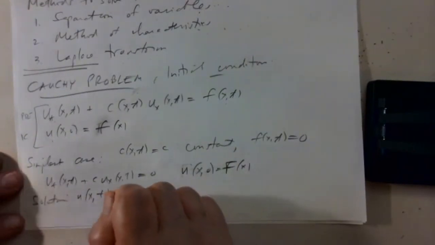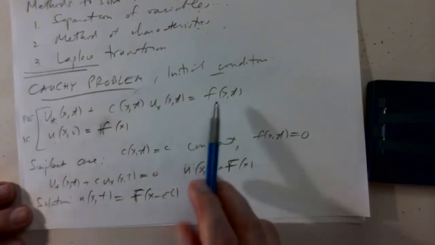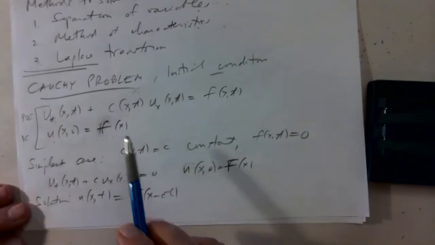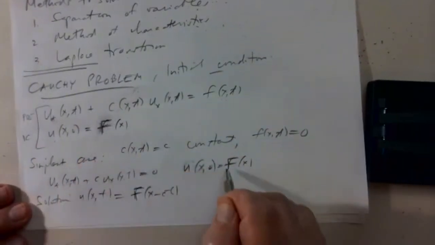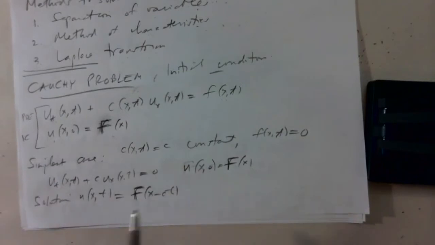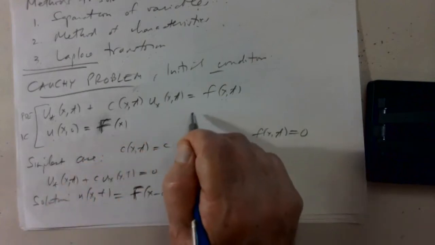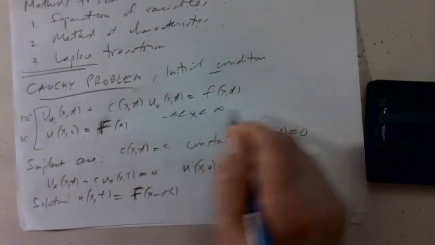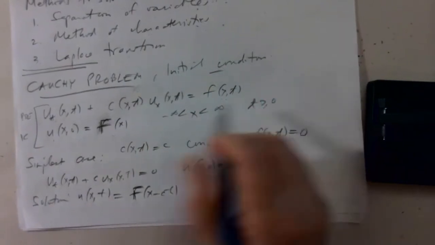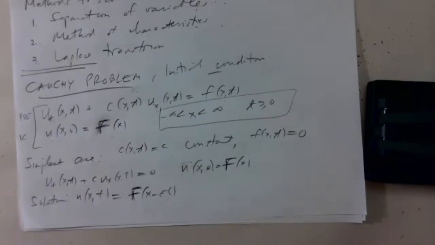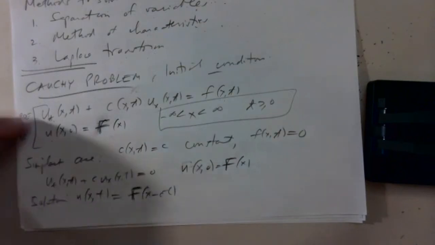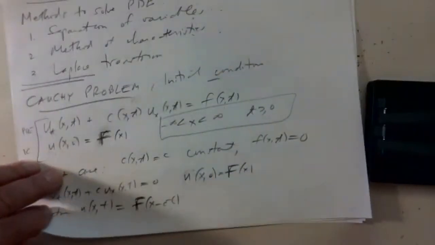And we can just check, really by inspection, that if we take our initial condition, capital F of x, and look at the function F evaluated at x minus ct, this is a function defined for all x, because we're always considering x from minus infinity to plus infinity and t greater than or equal to 0. So F of x minus ct is well defined, and you check by differentiating that this is in fact the solution of this equation. So that's pretty easy. These are so-called traveling waves.